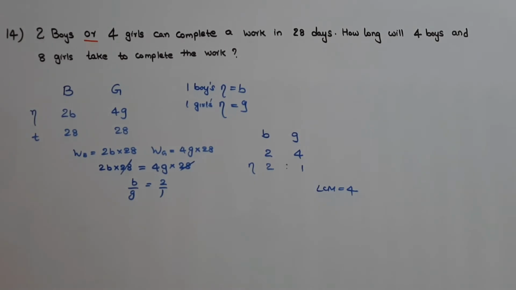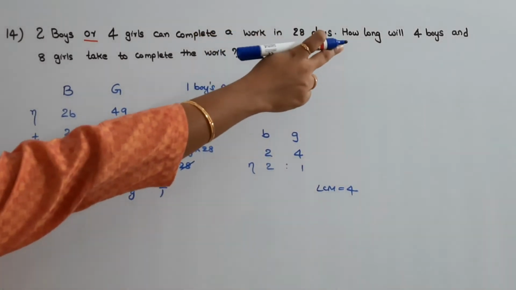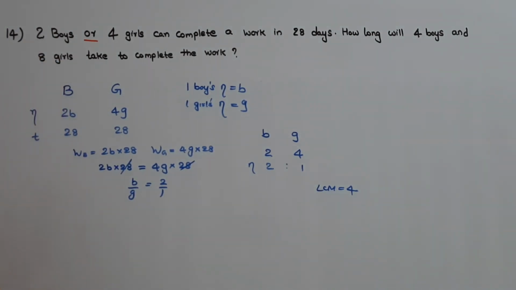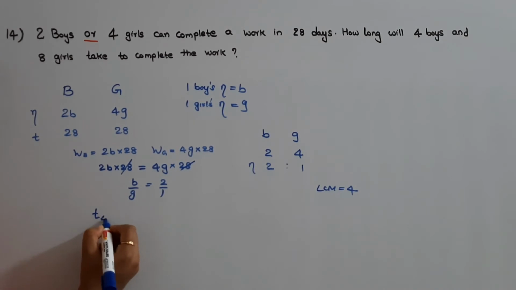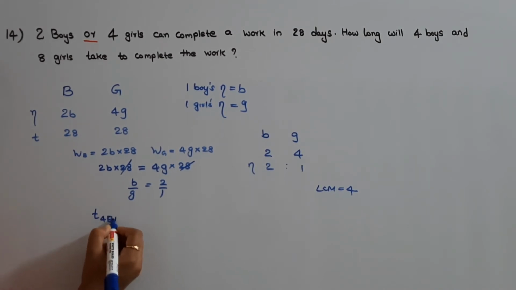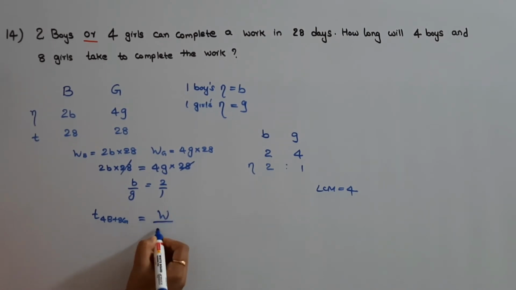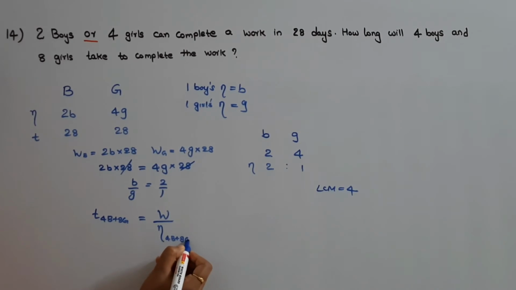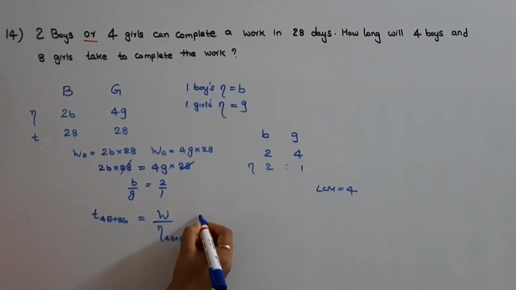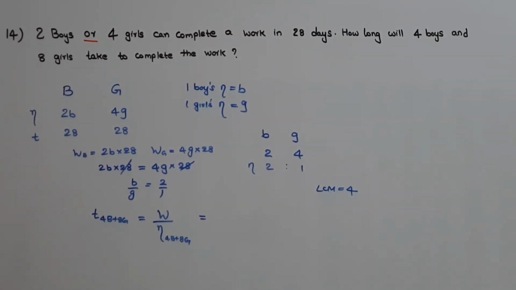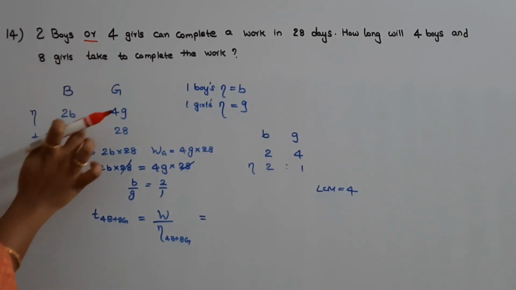Now what they are asking in the question? They are asking us to find out the time taken by 4 boys and 8 girls together doing the work. So time taken by 4 boys plus 8 girls will be equal to work done by efficiency of 4 boys and 8 girls. Okay, so what is the work done? Work done can be found out either from this part or from this part.